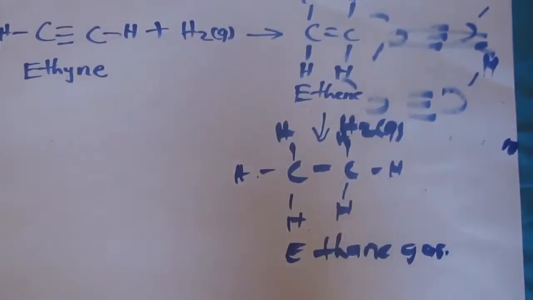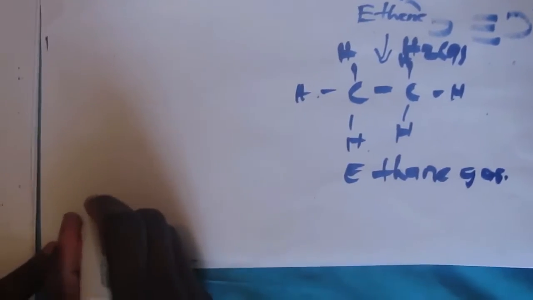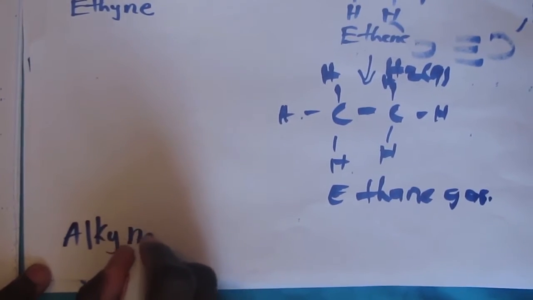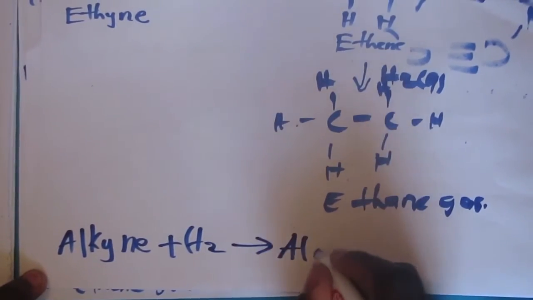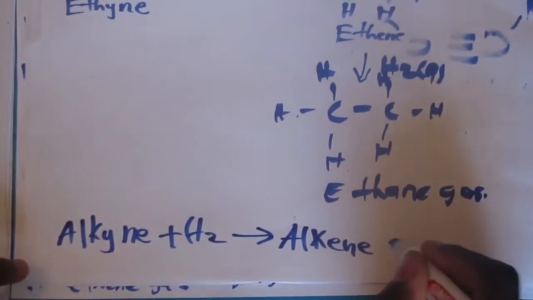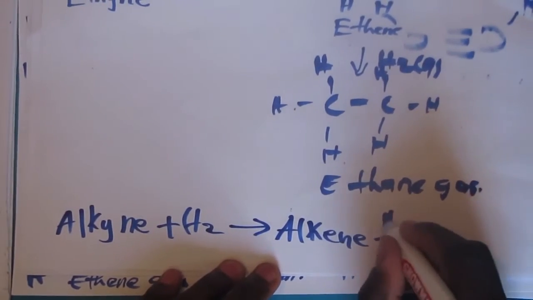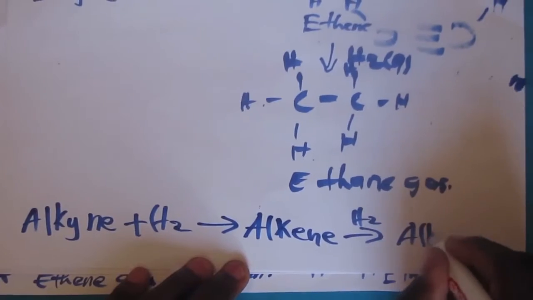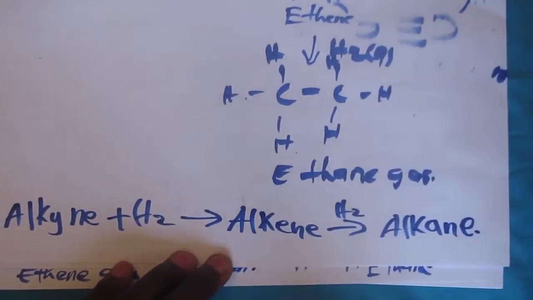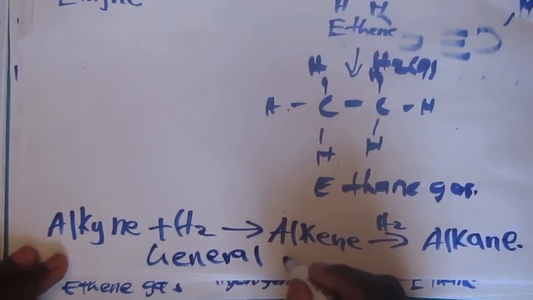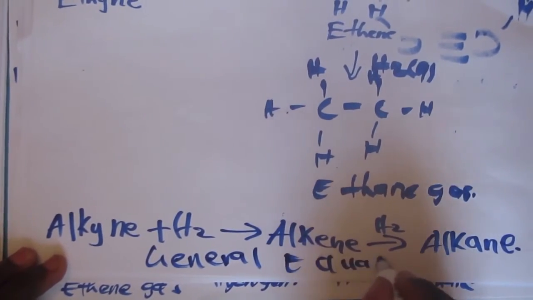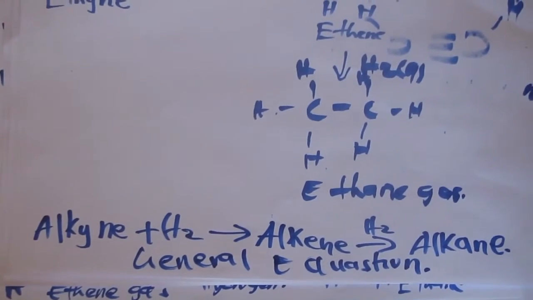So in other words, in general, we can say an alkyne plus hydrogen, you obtain an alkene. Then you add another hydrogen gas, you obtain an alkane. So that is the general equation for the hydrogenation reactions for alkenes.